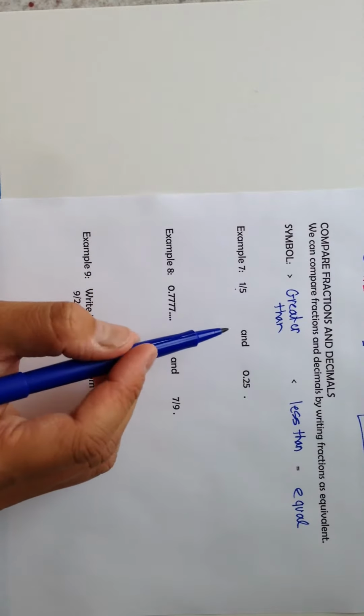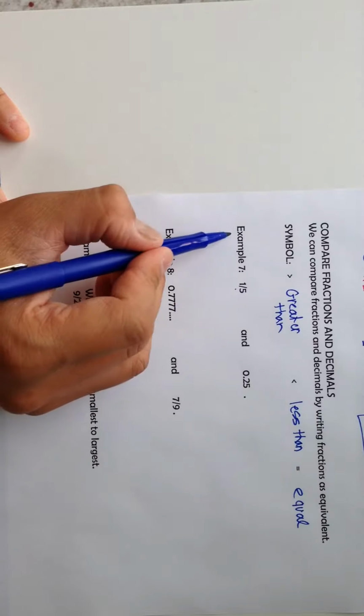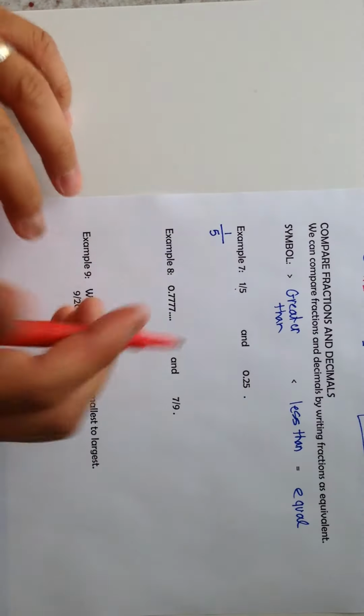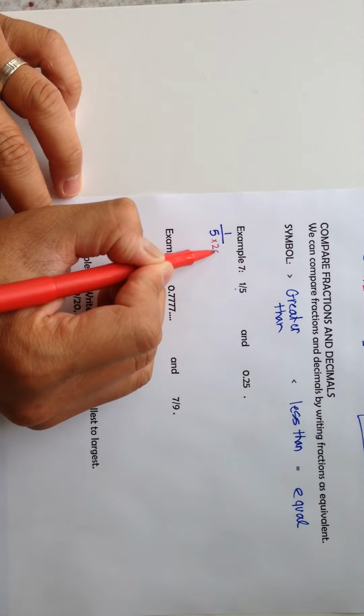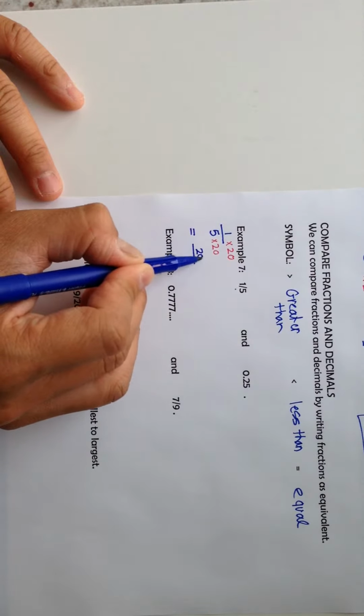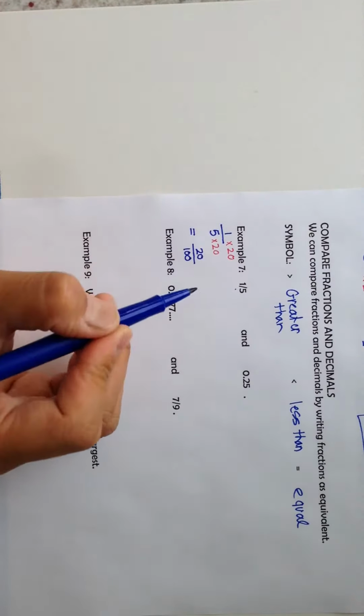Now 1/5, because I know that 5 can be turned into powers of 10. 5 times 20 does give you 100, and 100 is a power of 10. I'm going to use the shortcut method to find the decimal representation of 1/5.